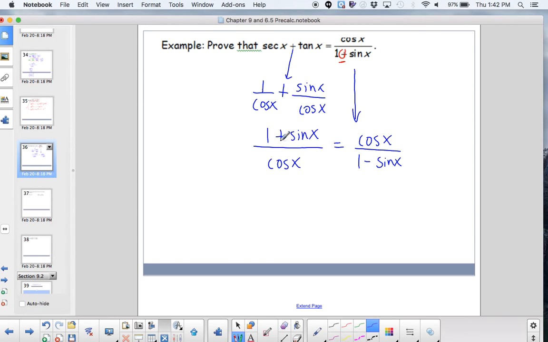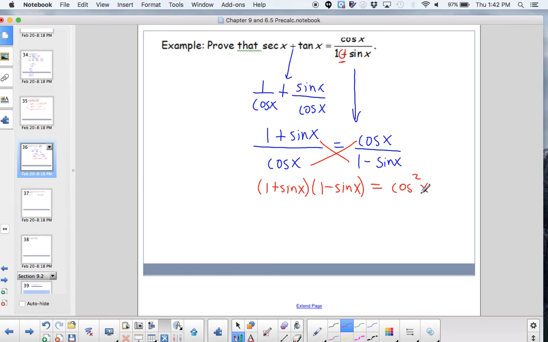Okay. And at this point, now I'm going to go ahead and use cross products. And when I use cross products, I get 1 plus sine x times 1 minus sine x equals cosine squared x.